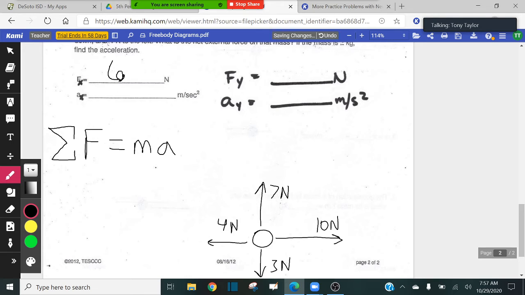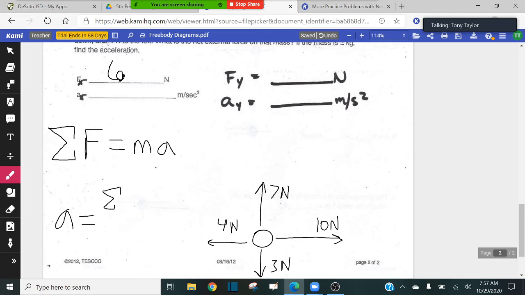But what about my acceleration in the x direction? That's easy. Remember what acceleration is. Acceleration is just equal to the sum of your forces divided by mass, right? I just took that equation and rearranged it. The mass is 2 kilograms.